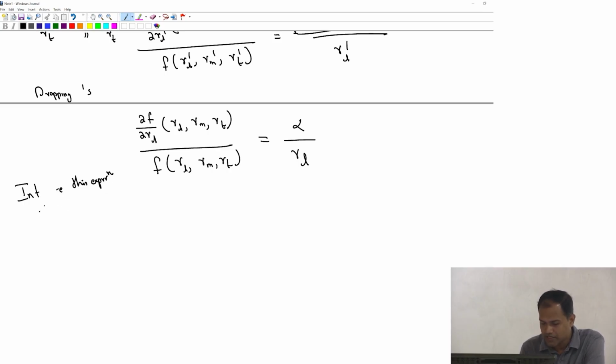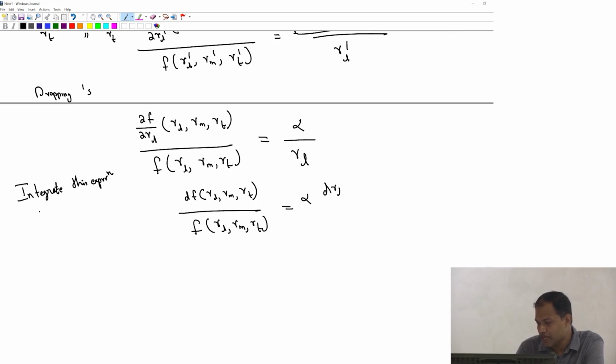I am just integrating the quantity, so that I can write df as a function of RL, Rm, Rt divided by f of RL, Rm, Rt is equal to alpha dRL divided by RL.